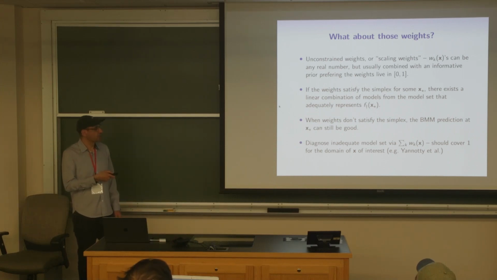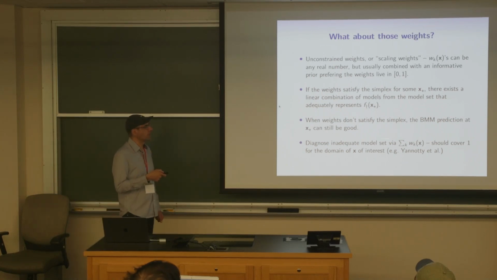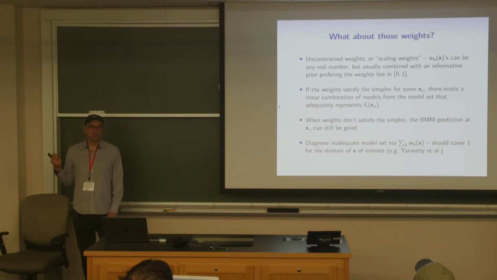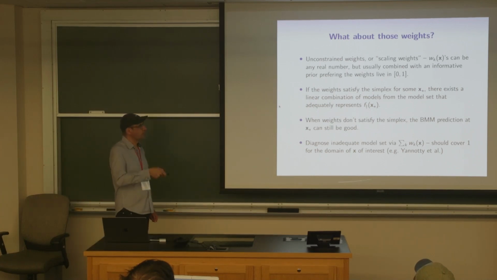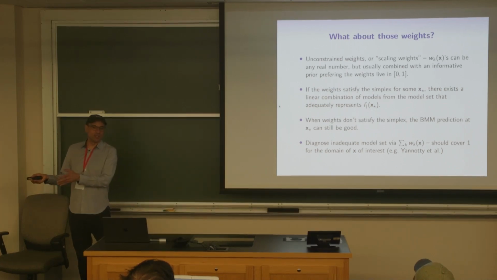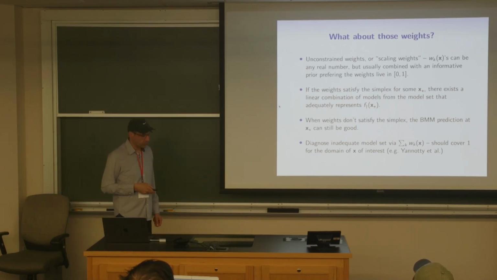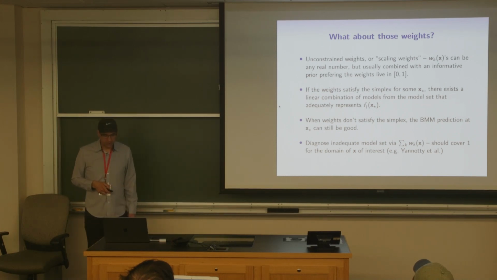You'll see the diagnostic for inadequacy in your model set as the sum of the W of x's diverging away from the sum to 1 constraint. So you essentially don't force the constraint, and you check whether it satisfies the constraint afterwards. So those are two different ways of approaching the same problem, and this is the approach that John takes in his method.